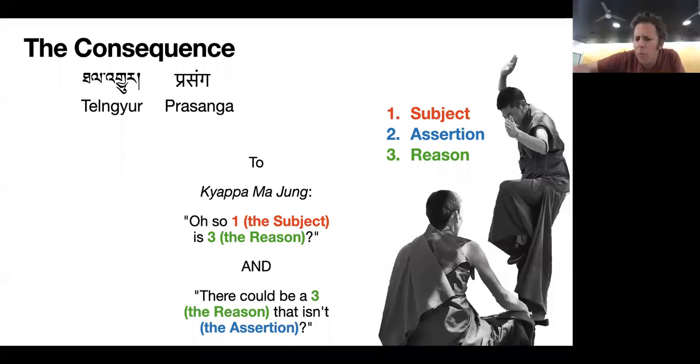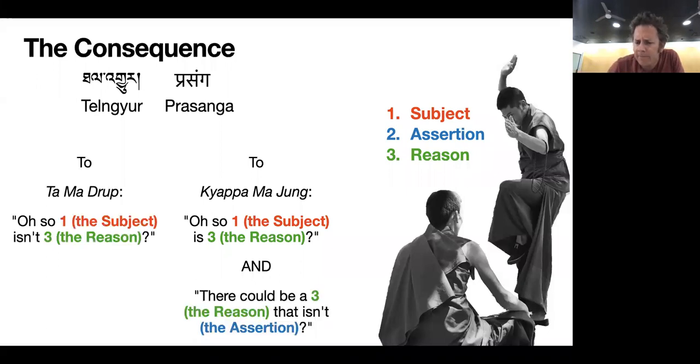So now I want you to do it for Tamadrup. If you say Tamadrup, what if you had wanted to say Tamadrup instead, Sarah? What would you have said? You're muted, I think.